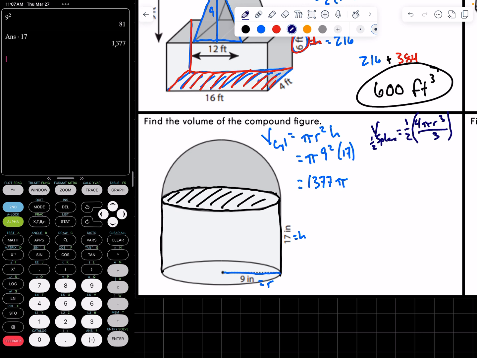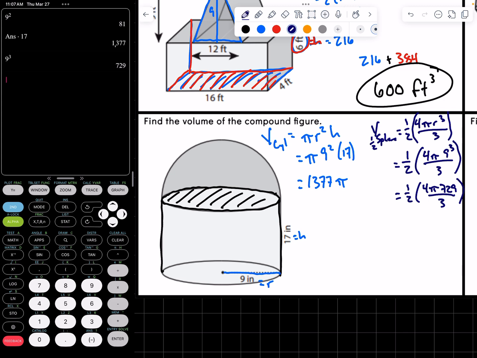So all I need to do here, I take my 1/2, I'm going to deal with that at the end, 4/3 pi r, which is 9 cubed, all over 3. So 9 to the third is going to be 729. 1/2 times 4 pi times 729 over 3.